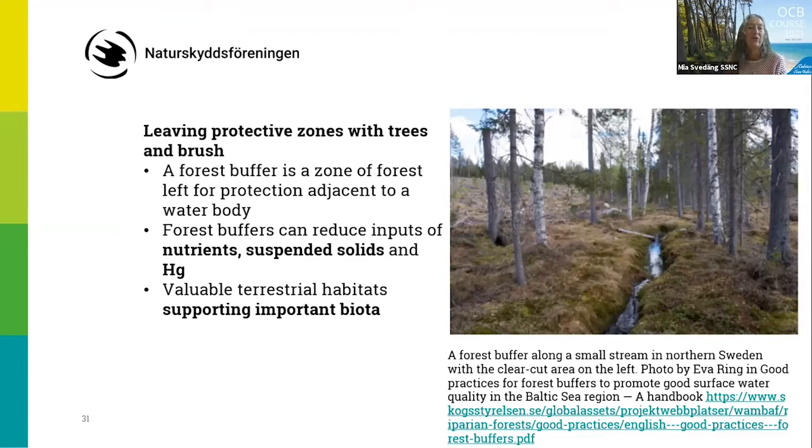And forest buffers can reduce inputs of nutrients and of suspended solids, and also mercury, which is a problem in forest areas, especially when logging, you have a big leakage of mercury. But also valuable terrestrial habitats supporting important biota is maybe the most important thing with forest buffers.